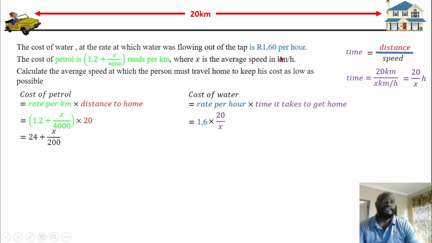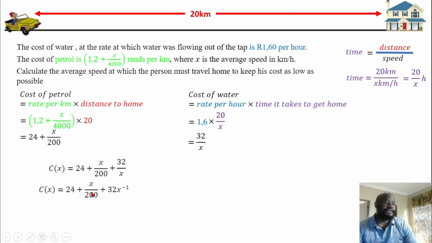So rand value is 160 per hour, and then our time to get home is 20 over x. So this is the combination of the cost that is going to be incurred. So we can put this as one equation. This multiplied by this gives us 32 over x. Then we can put these two together as one equation and say the total cost will be 24 over x over 200 plus x over 200 plus 32 over x.